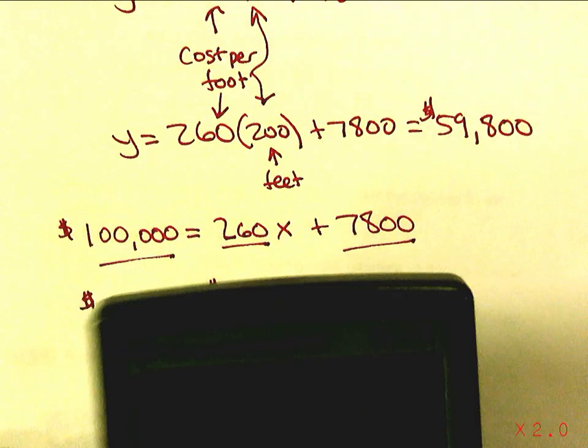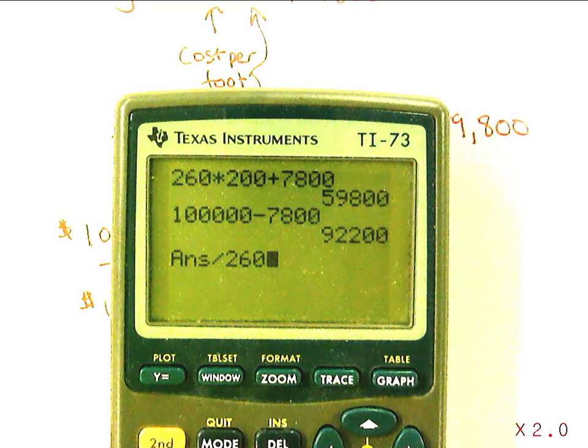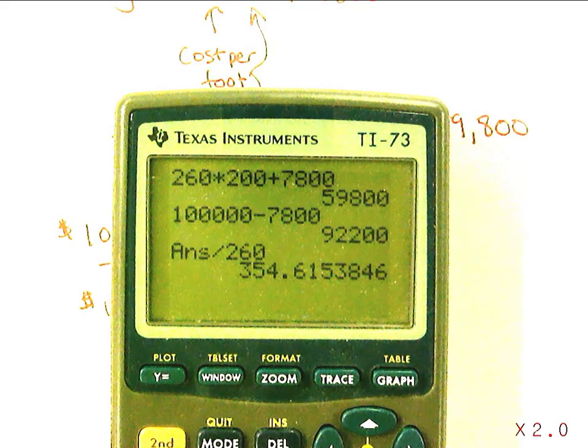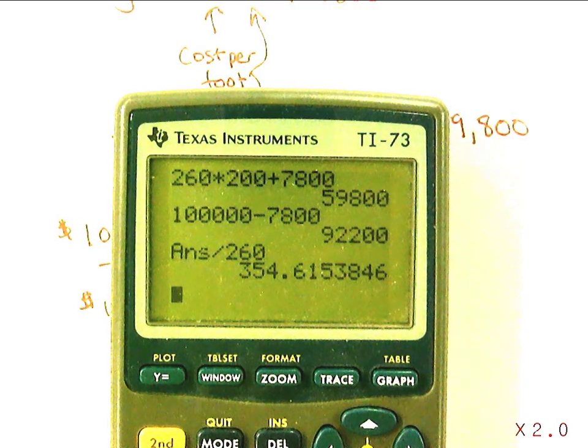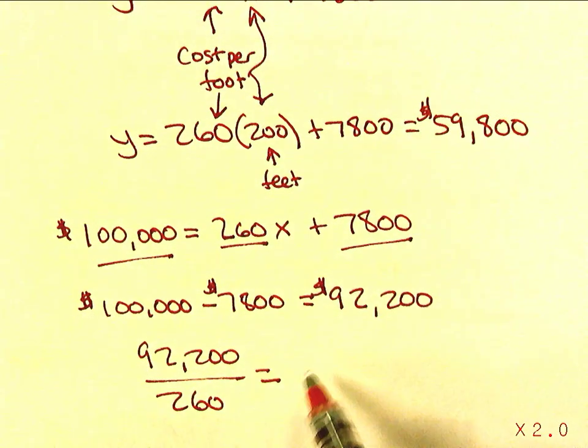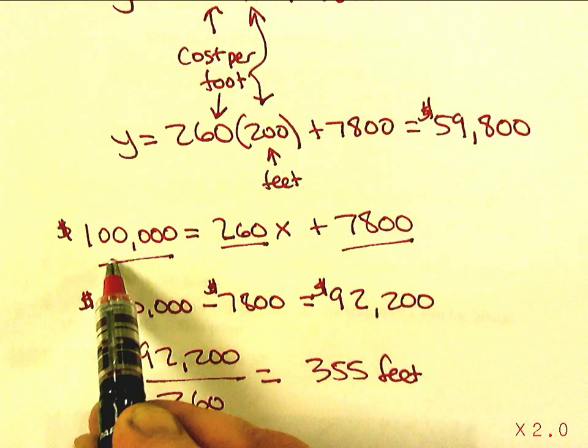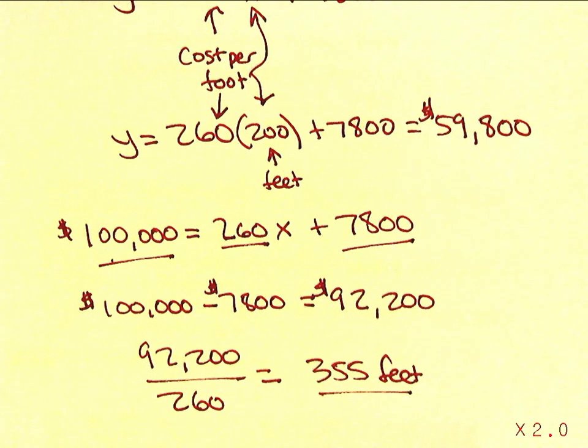And again, I'm just going to put those numbers in my graphing calculator. And it looks like 355 feet of bridge for that amount of money. $100,000 gets you 355 feet of bridge painted.